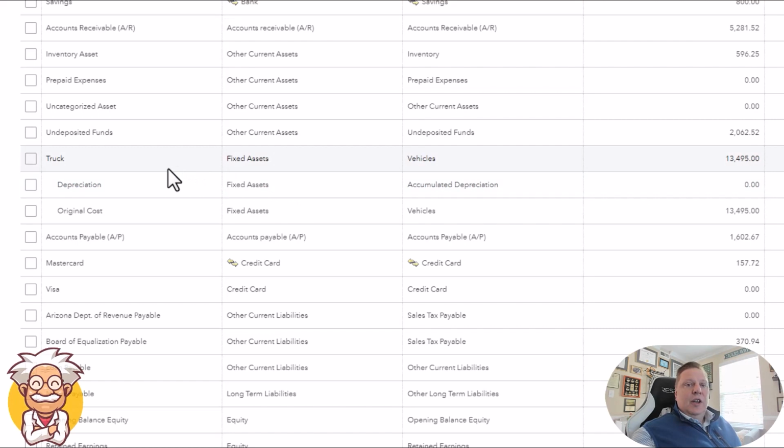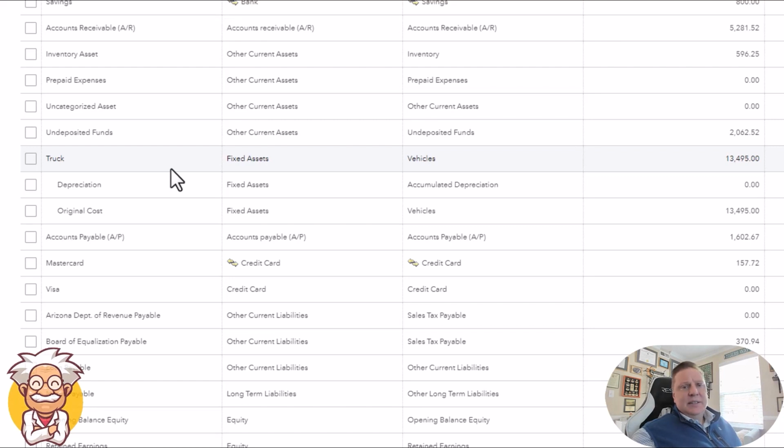Typically, it's anything over $2,500. Some accountants will have a lower figure, some of them will have a higher figure. I tend to work with anything under $2,500, I would expense out. Over $2,500, I would consider it an asset.